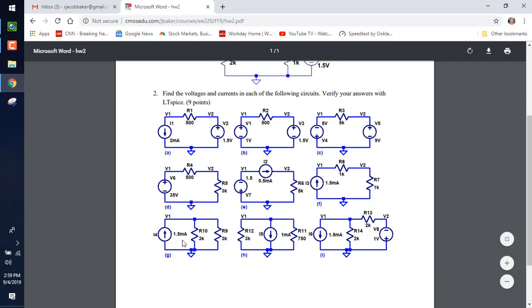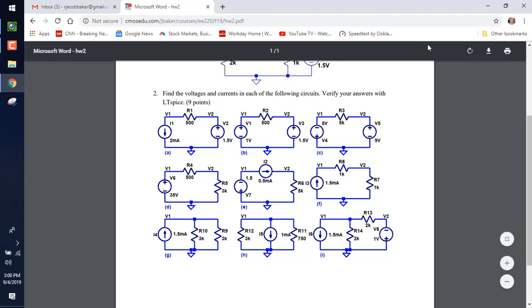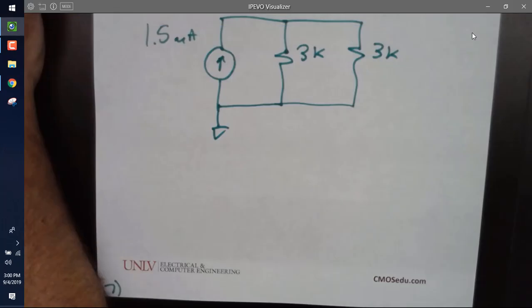So it's this one right here, 1.5 milliamps, and I bet you can solve it without even writing anything down. First question, how much current flows in each resistor? By inspection. And why? Yeah, so it comes in, and I've got 3K and V1.